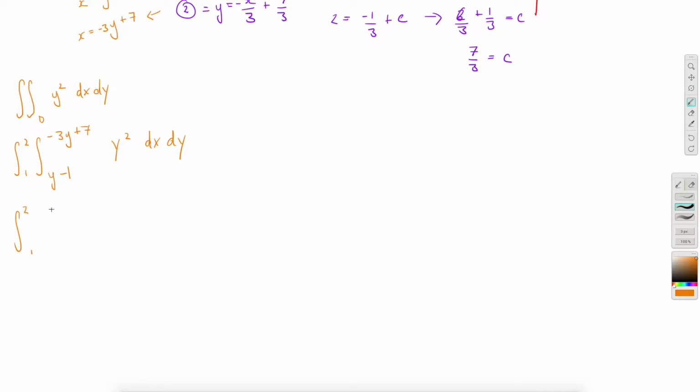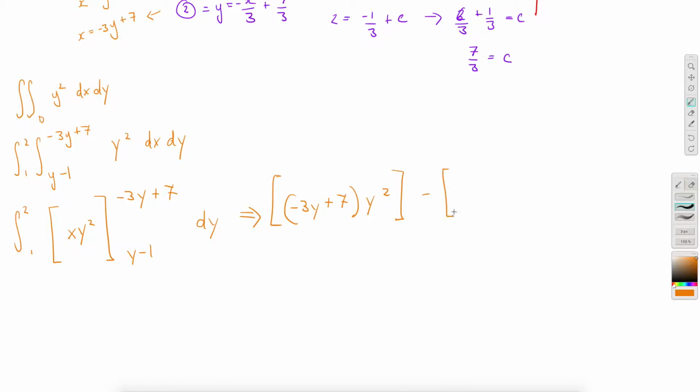To 1, x y squared, negative 3y plus 7, y minus 1 dy. This equals negative 3y plus 7 times y squared minus y minus 1 times y squared.